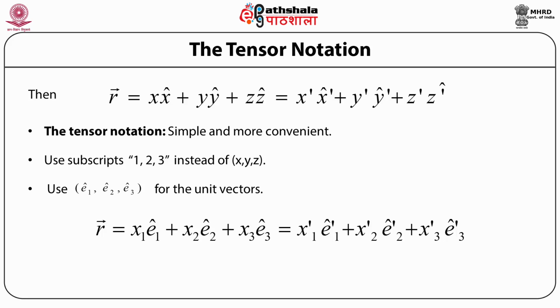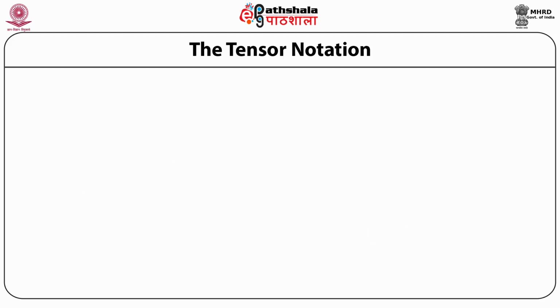And similarly, if we want to represent the same position vector r in terms of the coordinate system x prime, y prime, z prime, then this can be written as x prime subscript 1 times unit vector e prime subscript 1 plus x prime subscript 2 times unit vector e prime subscript 2 plus x prime subscript 3 times unit vector e prime subscript 3.